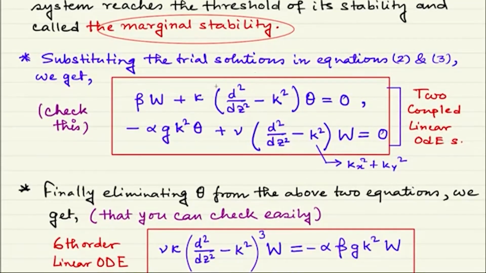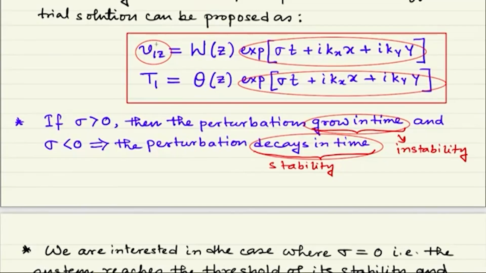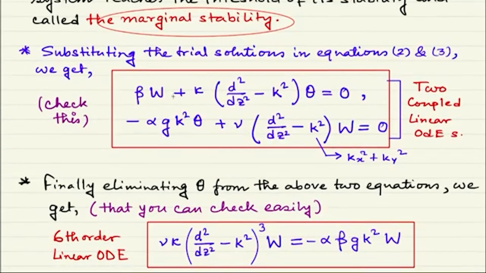If you substitute these properly, the final equations become beta W plus kappa times d2/dz2 minus k squared times Theta equal to 0, and another equation: minus alpha g k squared Theta plus nu times d2/dz2 minus k squared times capital W equal to 0.